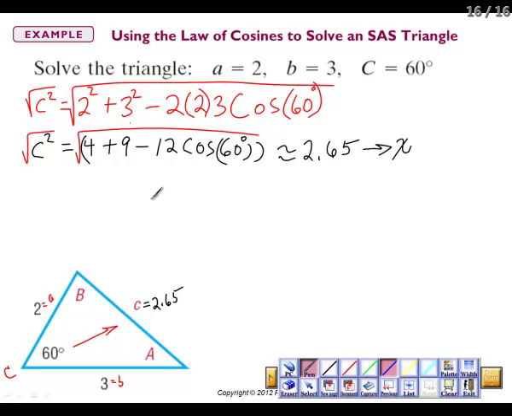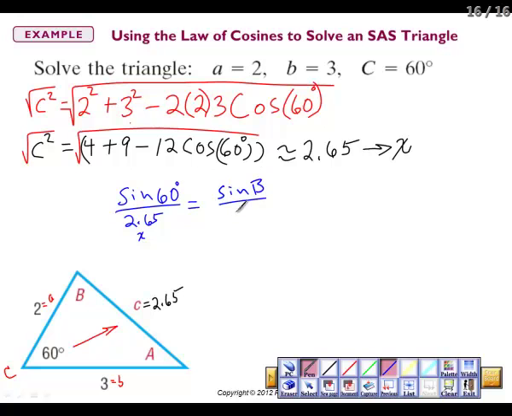So at this point we can use the law of sines. So we can say sine 60 degrees over 2.65, which we stored into x, equals sine angle B over 3, because 3 is the side opposite angle B. So we have to use 3, cannot use 2.